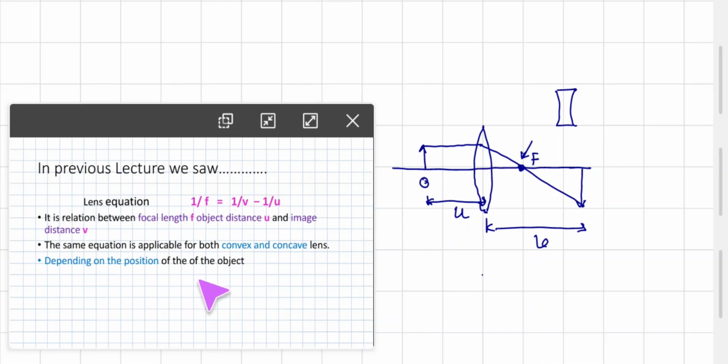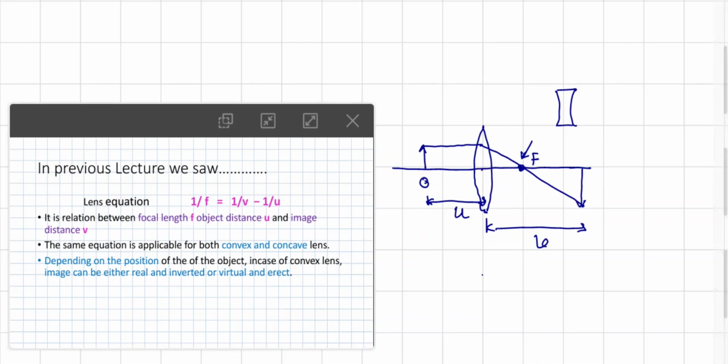Depending on the position of the object, in the case of a convex lens, the image can be either real or inverted. If this is a focal length, and there is another focal point on the left hand side, and we keep the object beyond the focal length, then we get the image on the opposite side, and this image is called a real and inverted image.